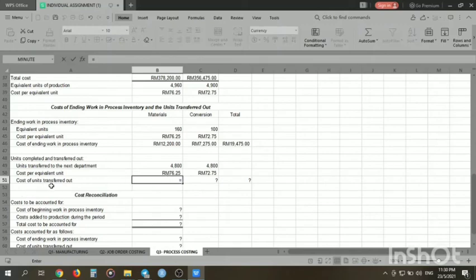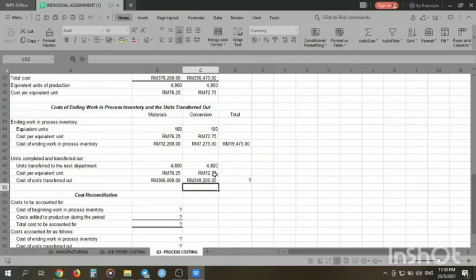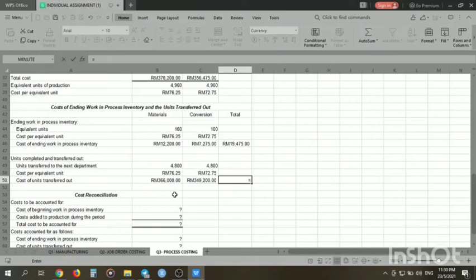To get the cost of units transferred out, units transferred to the next department should be times with cost per equivalent units. And the total cost, we just added materials and conversion amount.